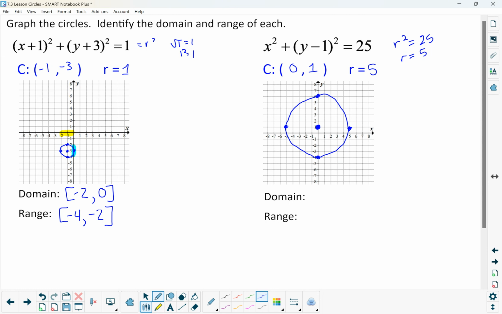Ooh, that's not my best circle ever. Domain of this circle is from -5 to 5. For domain, I'm thinking about the x values. We can see that this circle is occupying this -5 to 5 region of the coordinate plane. And for the range, I'm looking at those y values. The lowest is -4 and the highest is 6.